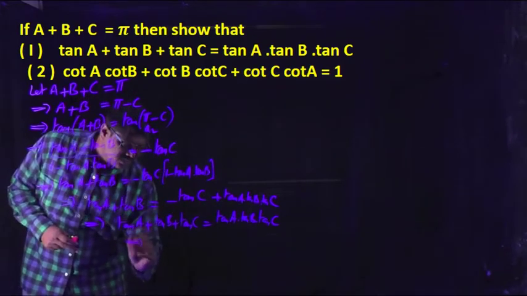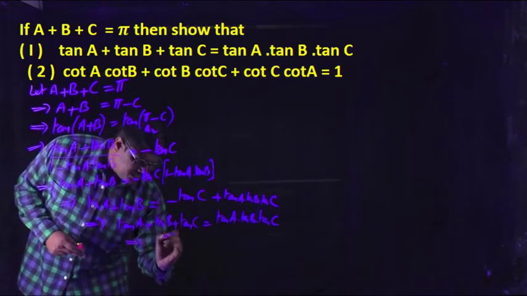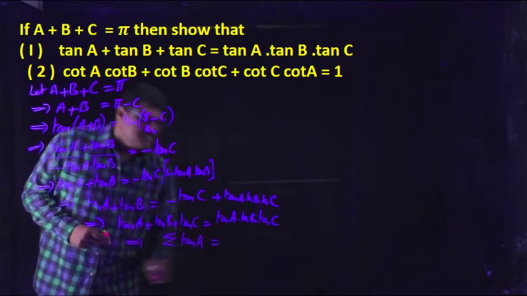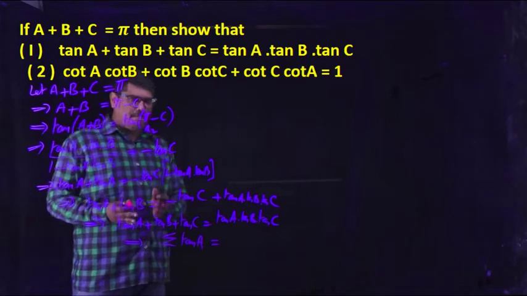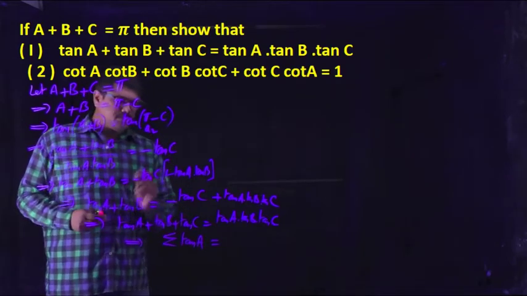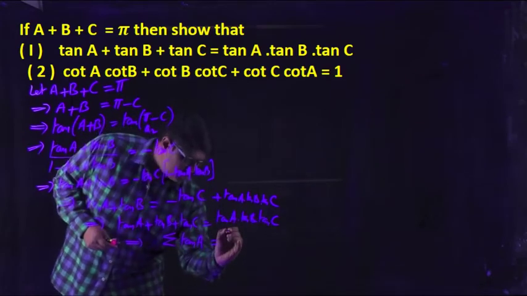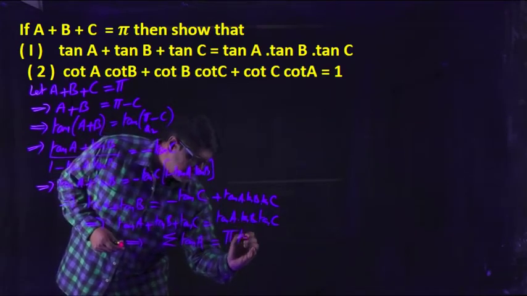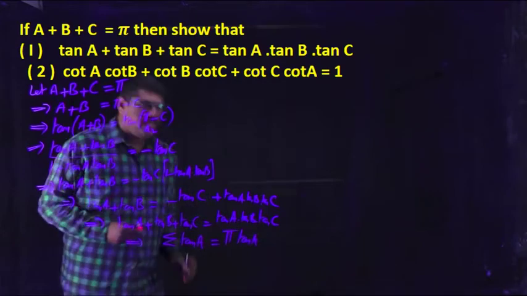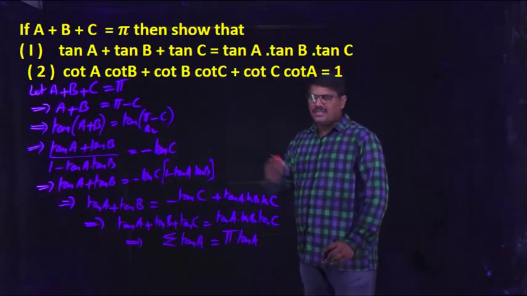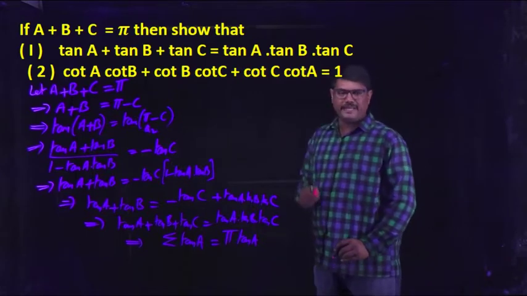The sum of three values you can simply write as sigma tan A. Sigma tan A indicates tan A plus tan B plus tan C. Sigma indicates summation. Here the product of three values you can write as pi tan A. So if A plus B plus C is equal to pi, you can remember the condition as sigma tan A is equal to pi tan A.